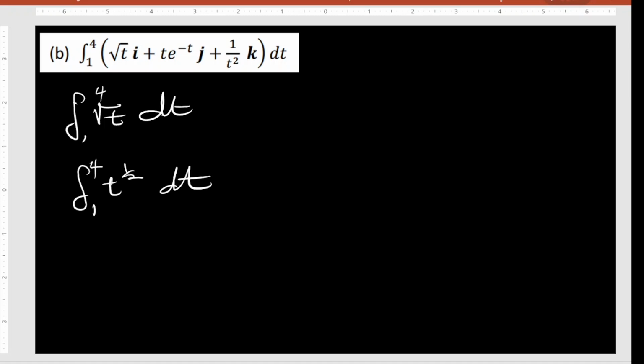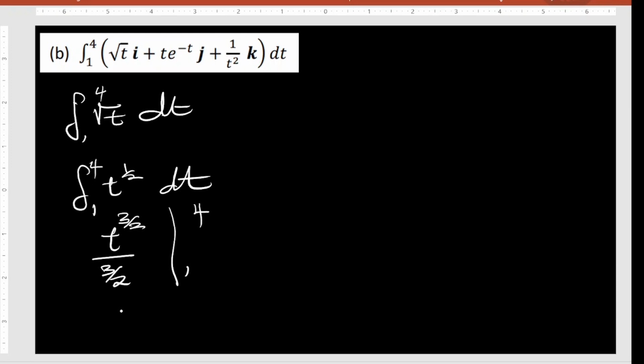By the rules of integration, we'll increase the power by 1 and divide by the result. So when we increase the power by 1, that will be 3 on 2. So it will be t raised to the power 3 on 2 divided by 3 on 2, from 1 to 4.